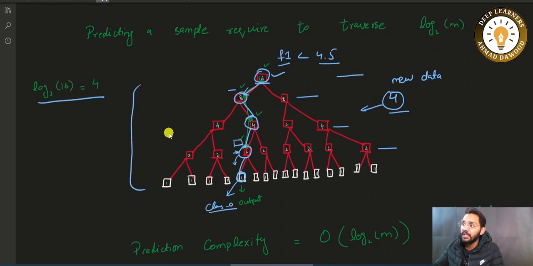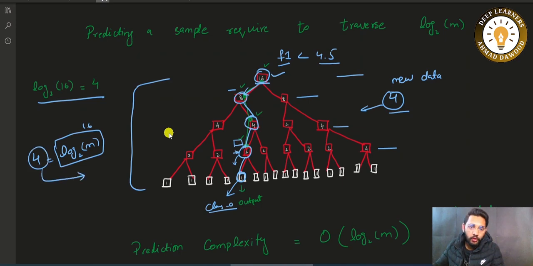And how can you calculate the depth of a decision tree when it is balanced? You can say log of m with base 2, because it's a binary tree, where m is the total number of samples. This will be the depth of the decision tree, or you can say this is the time complexity for the prediction. In our case, m is 16, so our time complexity for the prediction is equal to 4.